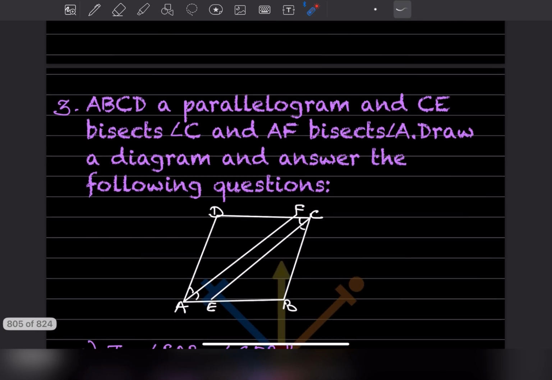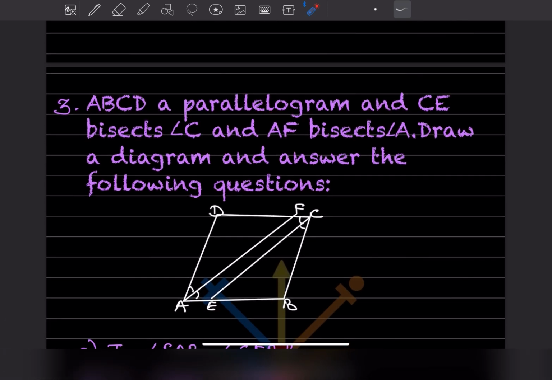Now ABCD is a parallelogram, and CE bisects angle C and AF bisects angle A. So draw a diagram and answer the following questions. Now we have to draw this ABCD, so what I did, I wrote A, B, C and D. Now what do they say?